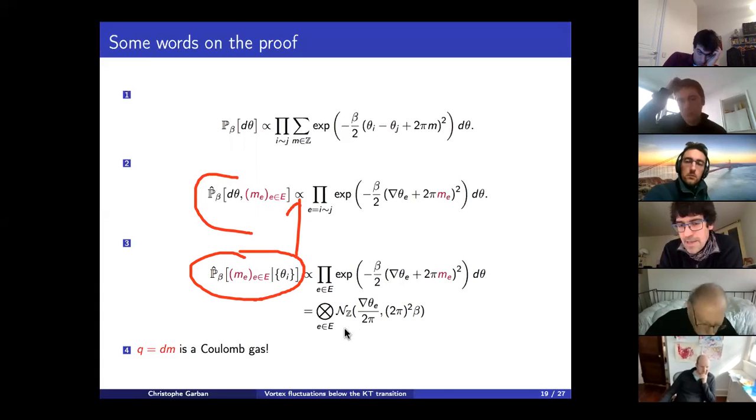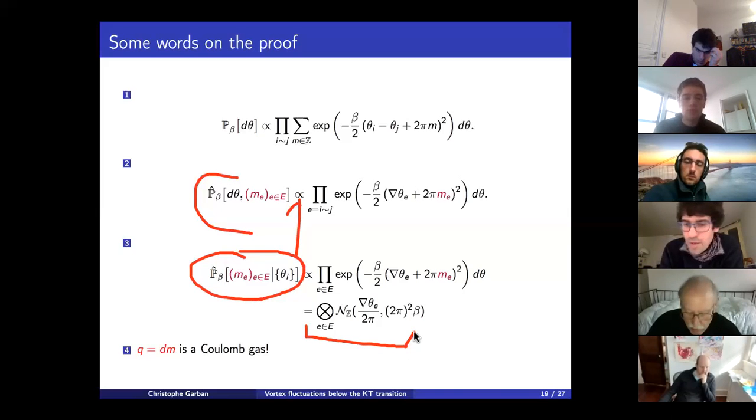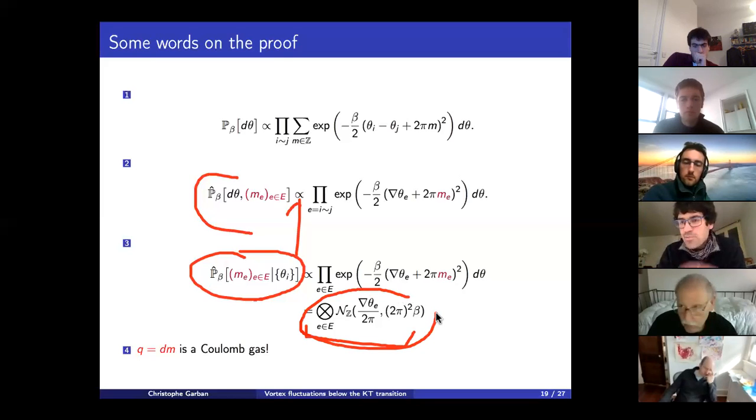So you can interpret this law on the one form, conditional on freezing the angles of the Villain model. And what you end up with, I'm going too fast, but I say in words, is a product of integer Gaussians that live on the edges. They're independent of each other, but there is some quenched disorder which is still given by this gradient of the angles on each of these edges.